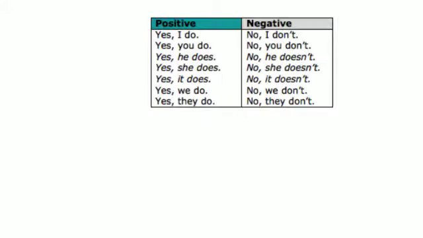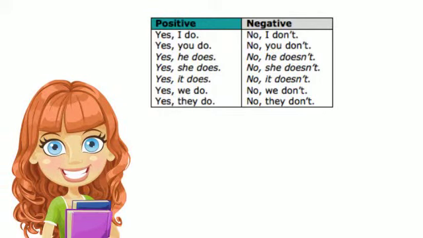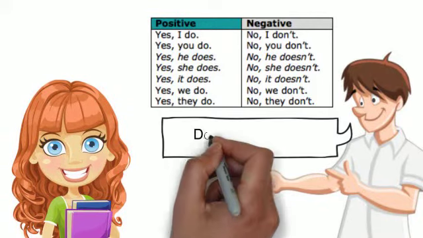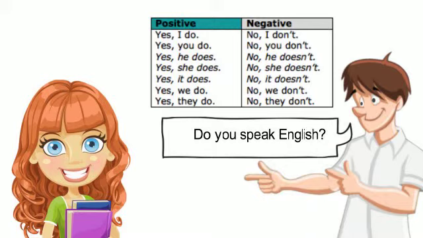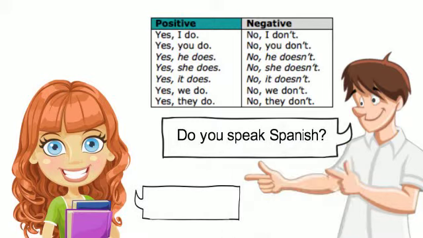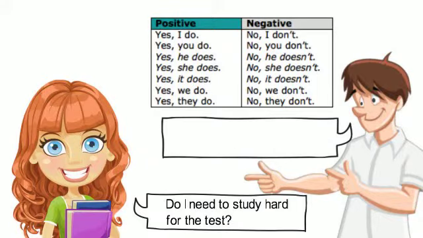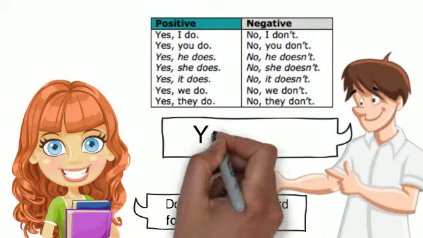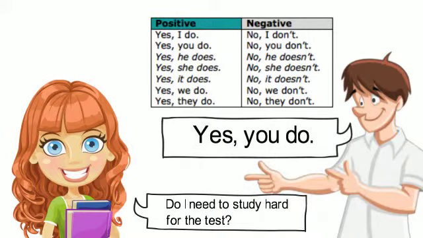Look at the following table and listen to the examples as you read. Do you speak English? Yes, I do. Do you speak Spanish? No, I don't. Do I need to study hard for this test? Yes, you do.